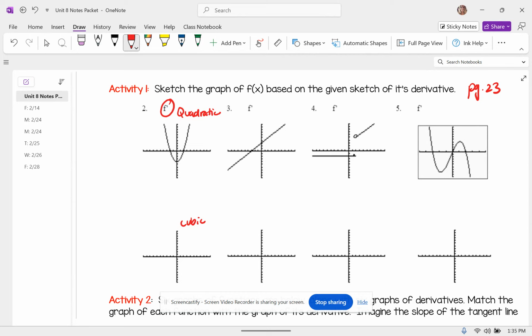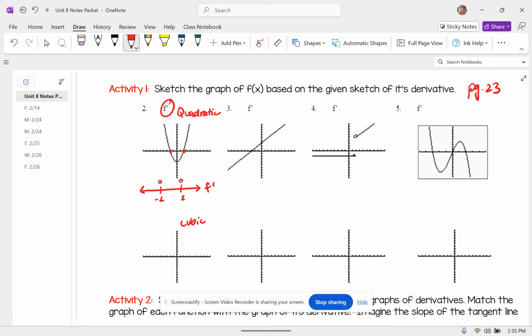We look for where the derivative is equal to 0. Those become the tick marks on the number line. So where's the derivative equal to 0? They're going to be at the x-intercepts, at the zeros. Good job. So let's label our number line because that's what we always do. The derivative is equal to 0 at -2 and 2. And these were zeros, not undefined.